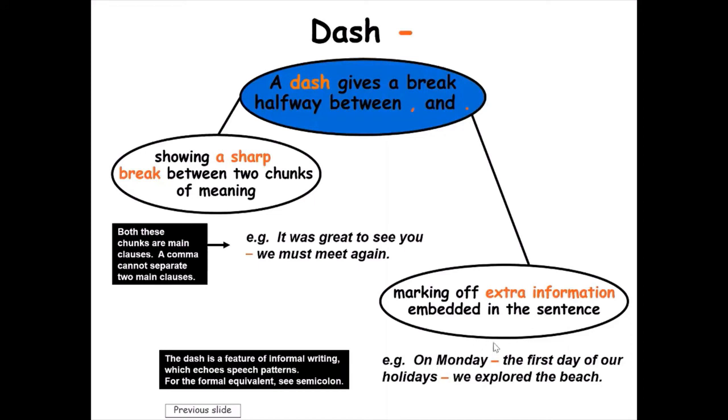Here in this example, the sentence is also complete without the part, the first day of our holidays, but just for extra information it is mentioned here. The dash is a feature of informal writing which echoes speech patterns. For the formal equivalent, semicolon.